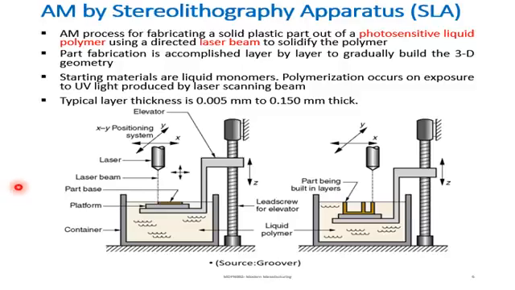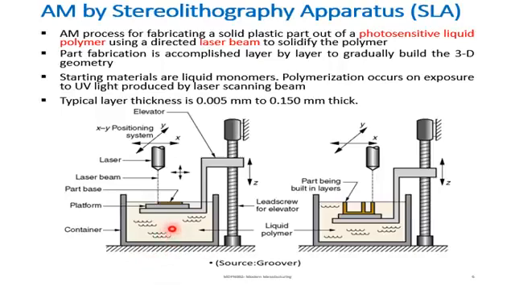The first process we consider for additive manufacturing uses what is known as a stereolithography apparatus. The apparatus itself is very simple. We have a container, and this container is filled with liquid polymer.